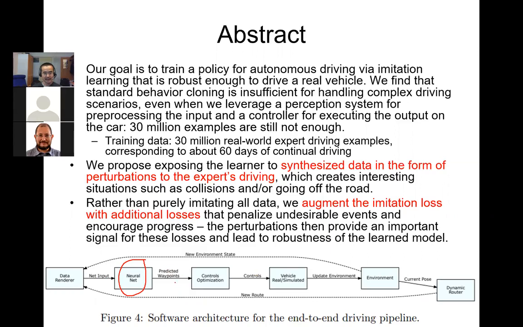And then the output is the predicted waypoints, not the steering angle we saw before. And then the controller tracks the waypoints and feeds it into the vehicle simulator and updates the environment by moving. So the neural net is sitting in the middle.